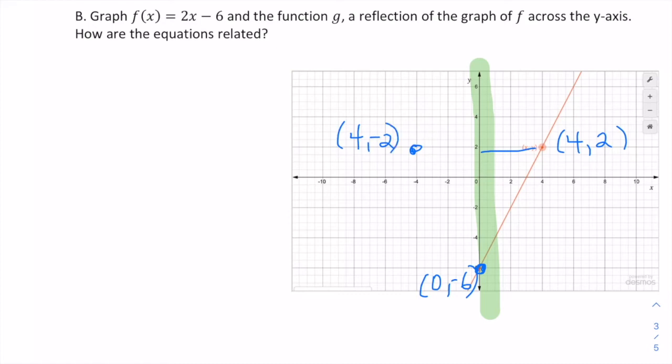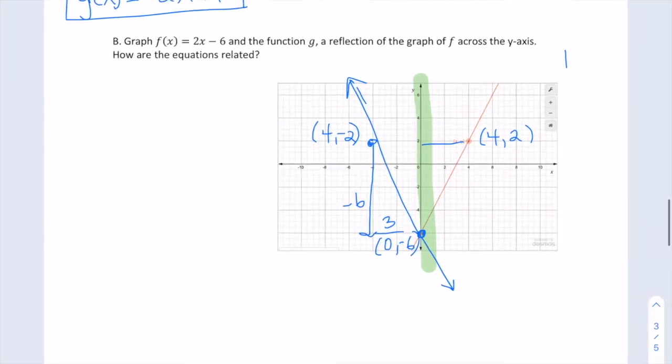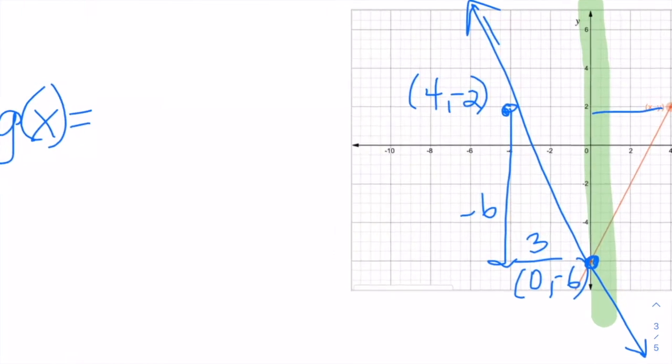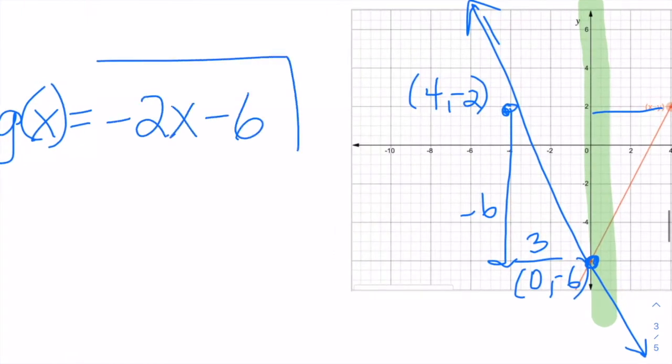So if we're going to draw this reflection, you can see that that slope is going to be negative as well. So this slope is going down 6 and over 3. So this new function, g of x, will be negative 2x minus 6.